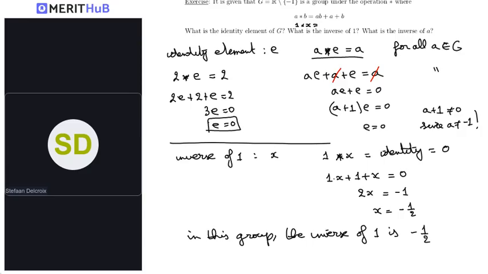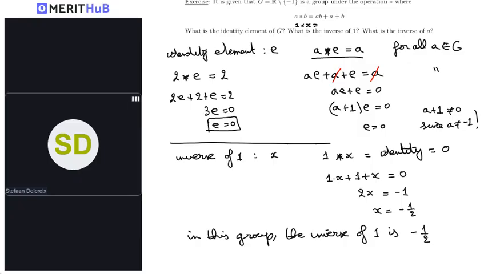So my point with these groups is just like that first exercise on the set. If they tell you it's a group, you can figure out the identity and inverses by just setting up an equation.